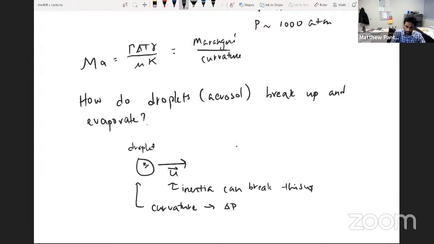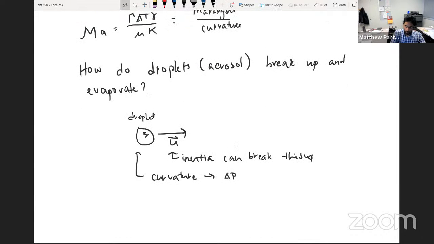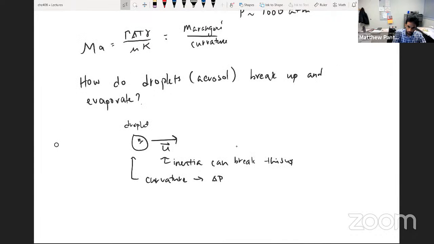Just like we have a dimensionless group for inertia and various other things, for example, you know that the Reynolds number is a comparison between the inertial force and viscosity, in this case we can make a dimensionless group if we want to compare the inertial contribution versus this curvature.